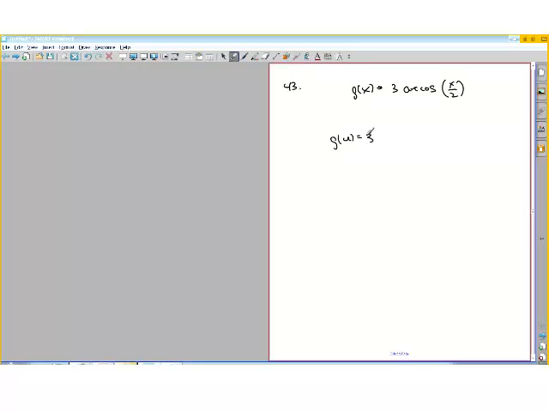G of u is 3 times the arc cosine of u, and u of x is equal to x over 2. So when I plug that in there, I'll get 3 arc cosine of x over 2. So we take the derivative, g prime of u is equal to 3 times negative 1 divided by the square root of, what is it here?